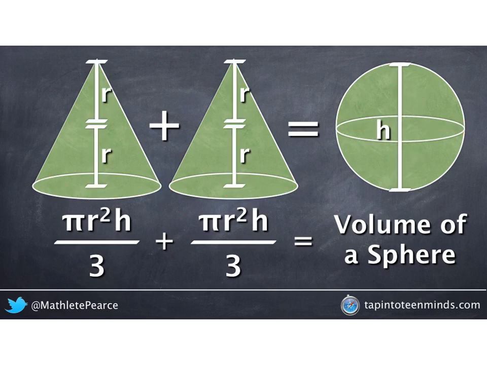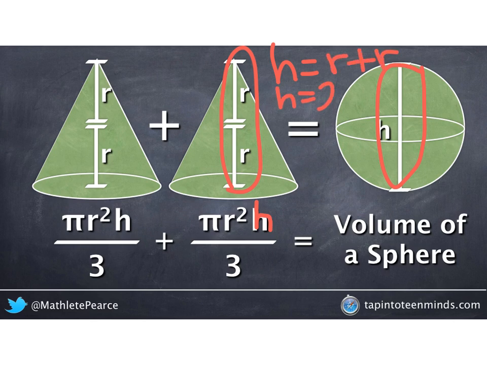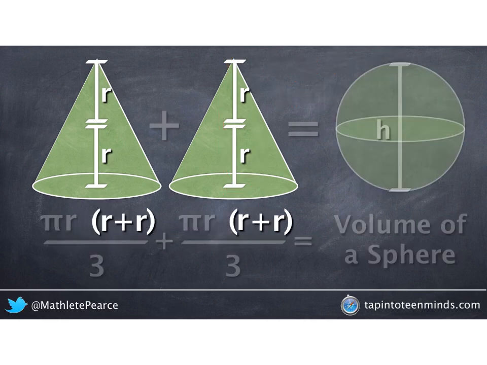So let's look at this. Knowing that the height is the same as 2 radius, keep in mind that h is equal in measure to r plus r, or h is equal to 2r. Go ahead and take that h out and put r plus r in place of each of the h's.